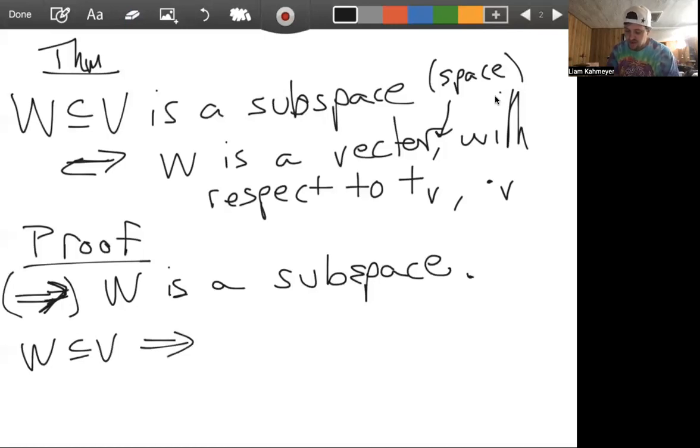this implies that every element of W is an element of V. And if it's an element of V, then it satisfies all of the axioms.